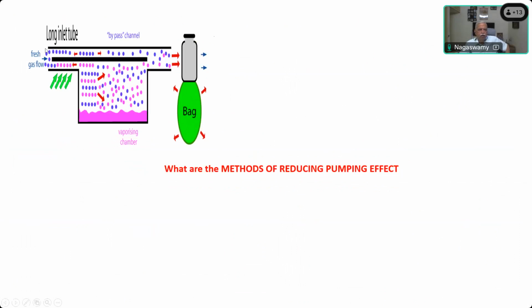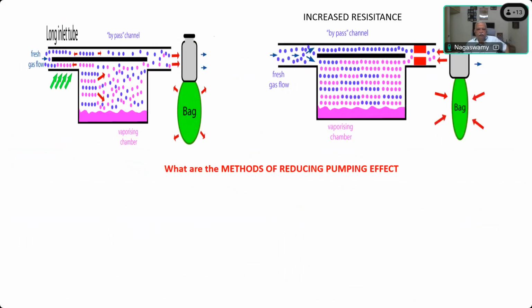So having a long inlet tube to the vaporizing chamber will prevent the mixing of the vapor with the fresh gas flow passing through the bypass channel, number one. Number two, increase the resistance in this area.